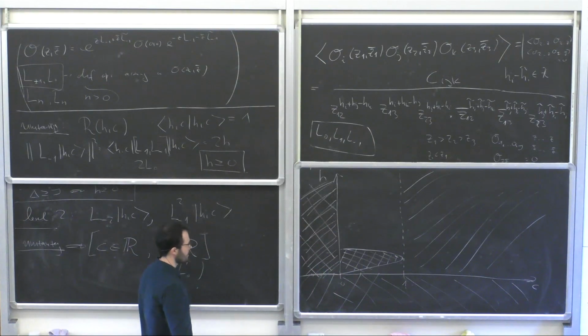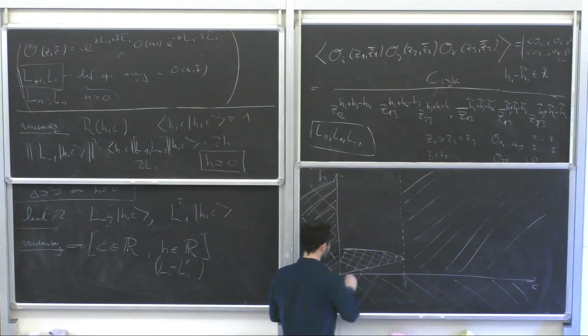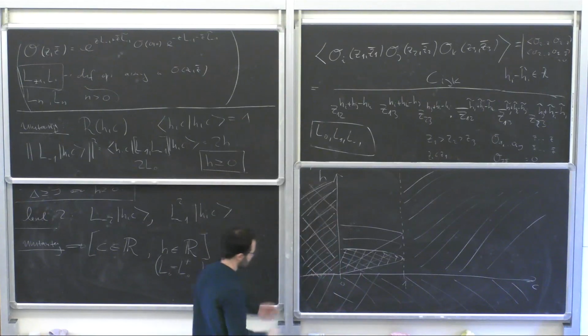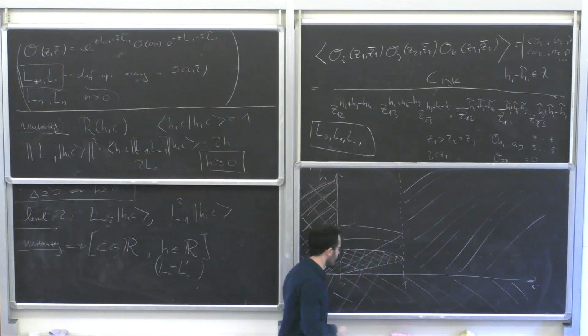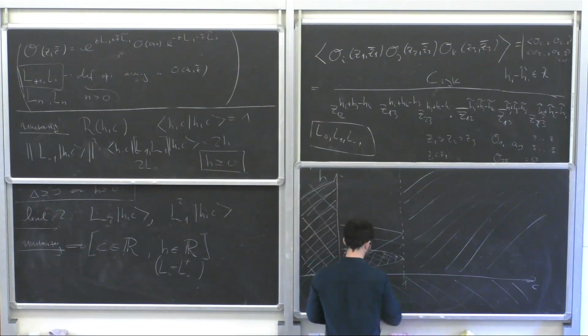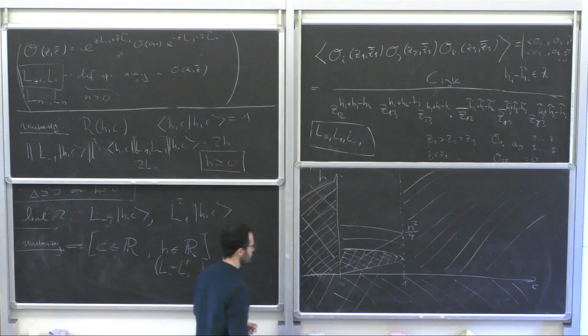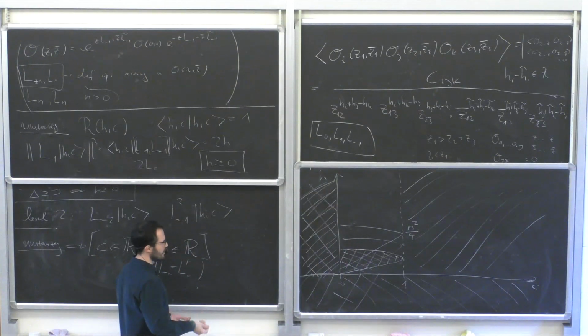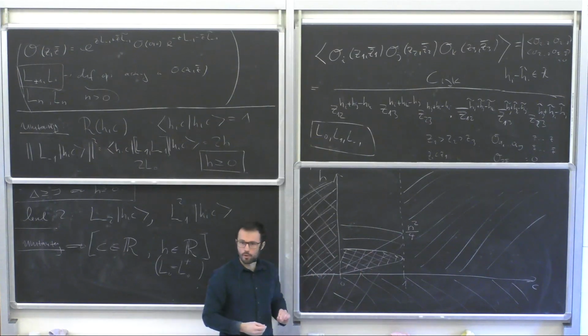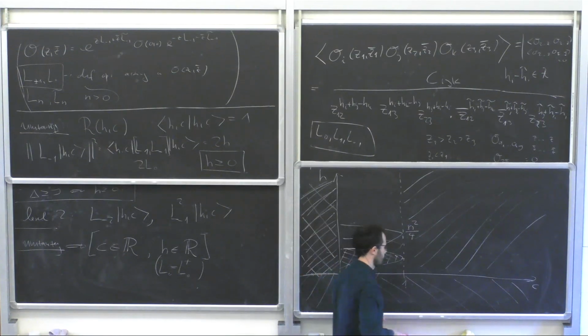And you can keep going, and you'll find more and more parabolas from higher and higher levels. It's not easy to draw the picture. The parabolas always hit at squares of integers divided by 4. But it turns out that you exclude everything except for a discrete set of points in this region.